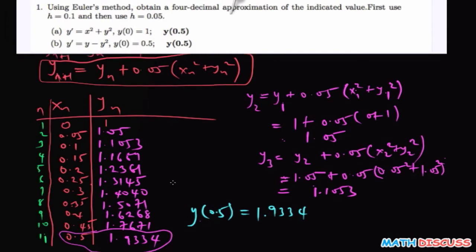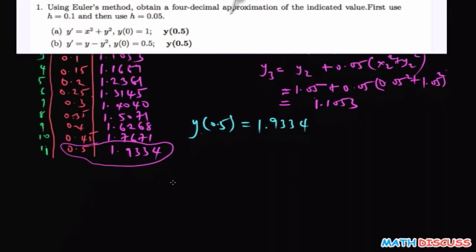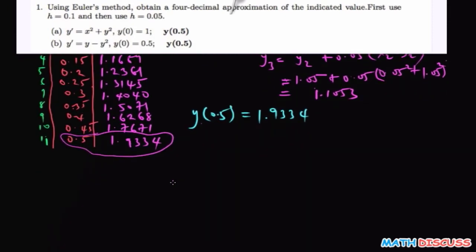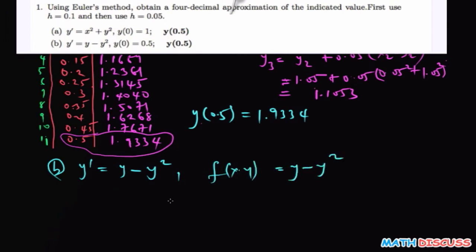I'm going to leave part B for you to try, but I'm going to put down the answers there to ensure that you got your answer. For part B, that is y prime equals y minus y squared, your f of x y is y minus y squared, and that implies that f of xn yn is yn minus yn squared.